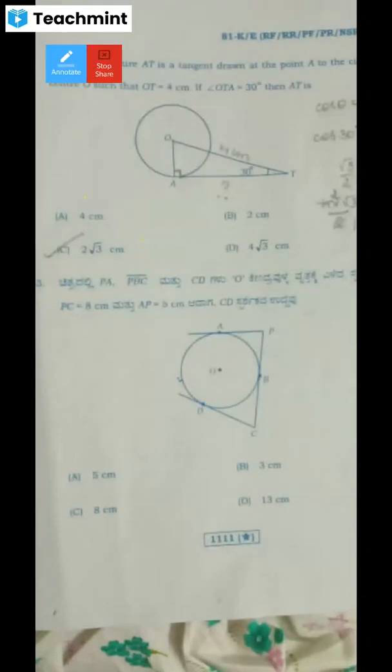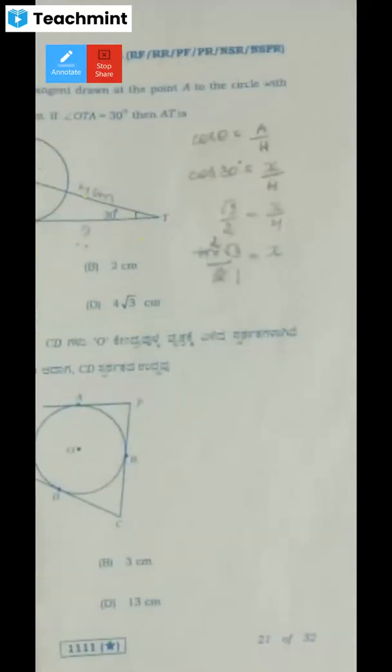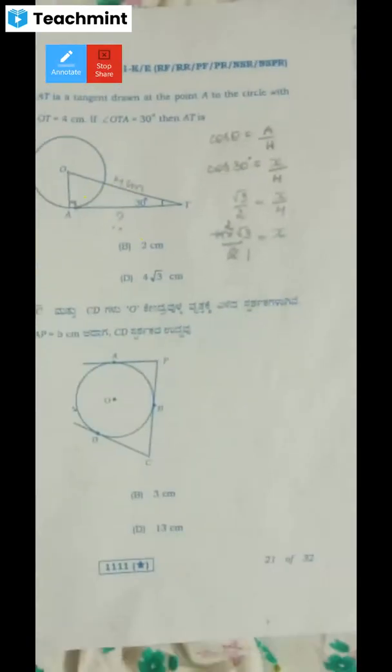AT is the adjacent side, and OT is the hypotenuse, because it is opposite to the right angle A. Adjacent divided by hypotenuse is cos 30 degrees. So cos theta is given by adjacent x divided by hypotenuse h. So cos 30 degrees is equal to x divided by 4.